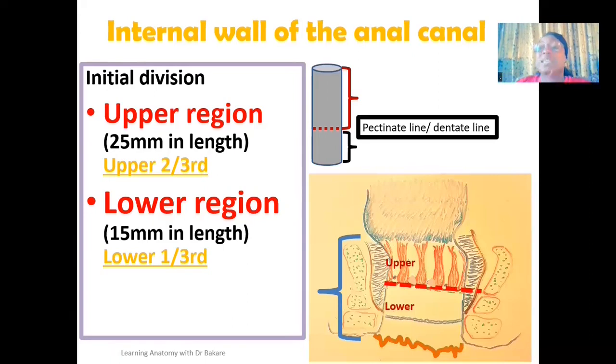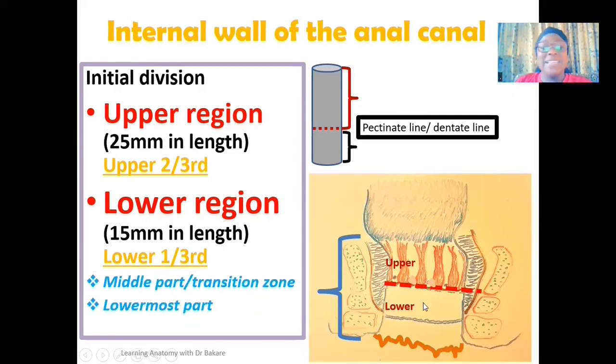And then there is a further subdivision of the lower one-third of the anal canal, which is what we'll be looking at now. The lower one-third is further subdivided into the middle part, or the transition zone, and the lowermost part. Using this image up here, we already have the upper two-thirds and the lower one-third.